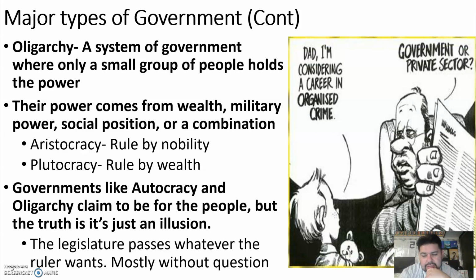The other thing is, in the oligarchy and even a monarchy or autocracy, the legislative people usually pass whatever the ruler wants, usually without question. So basically, they're trying to tell the world we're a democracy, we believe in people voting, but the thing is, they already bought out the politicians and basically made them bobbleheads.